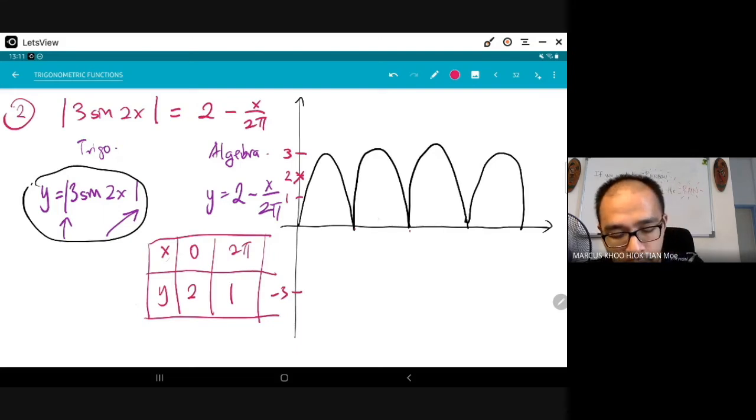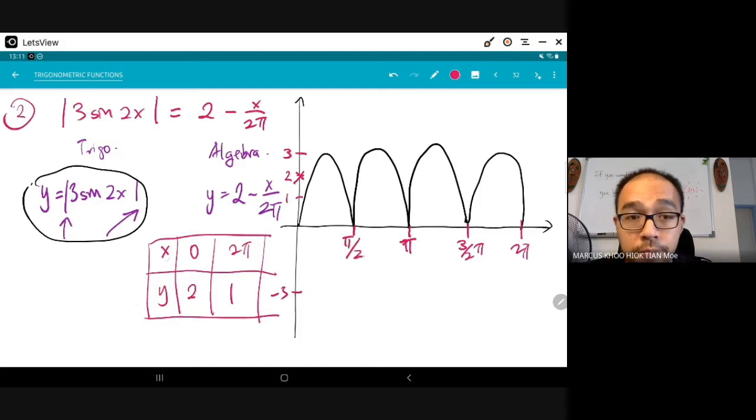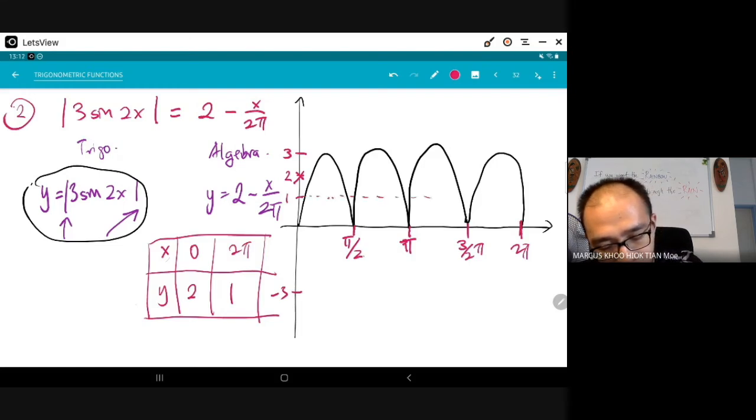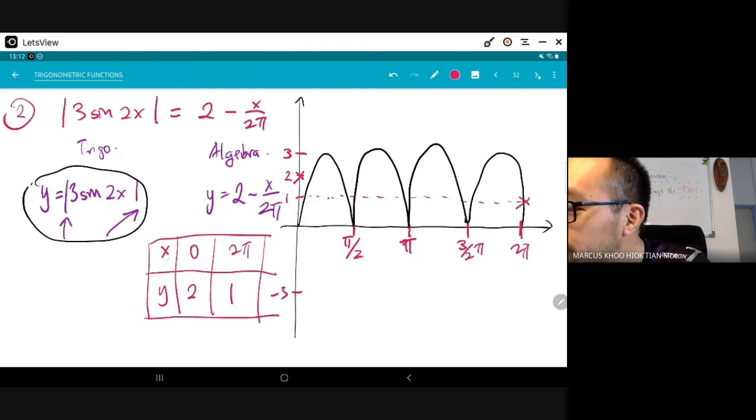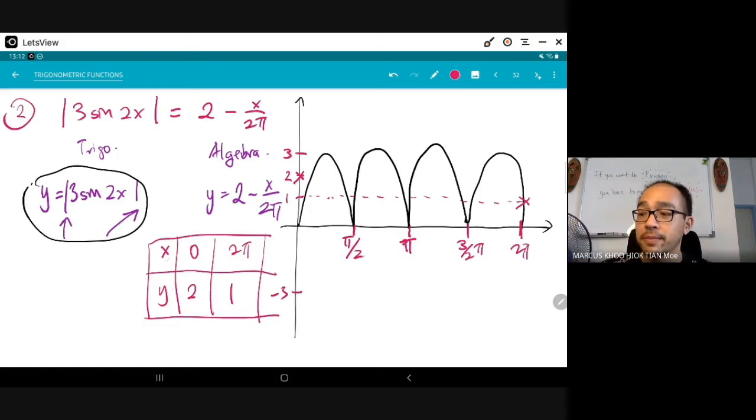Oh, my mistake, sorry. Here is 2 pi. This is 3 over 2 pi. This is pi. And this is pi over 2. Okay, and then you will find that 2 pi over here and 1. Okay, so let me just draw this so that we can make sure. Okay, fine, can lah, boleh.